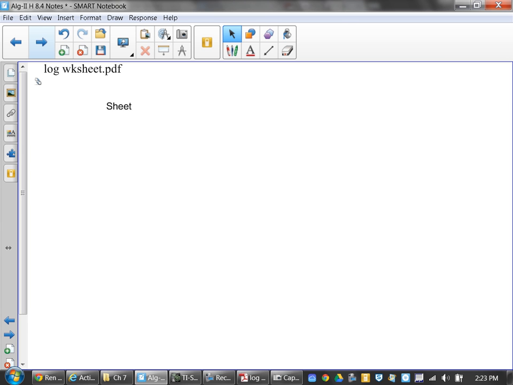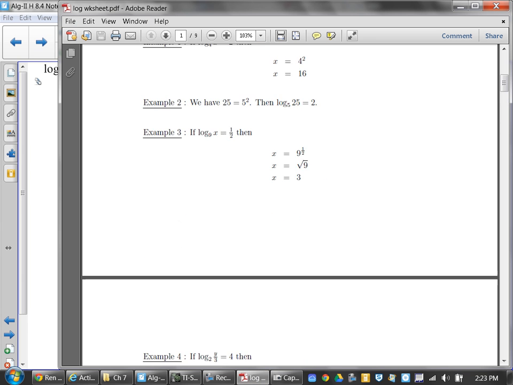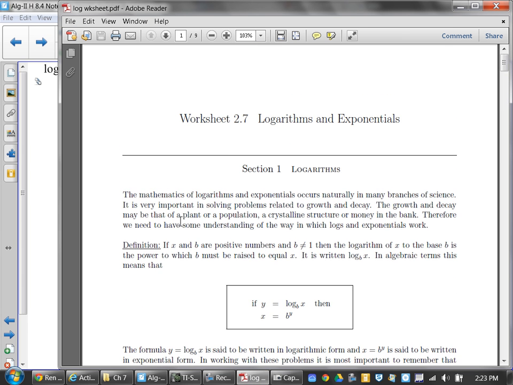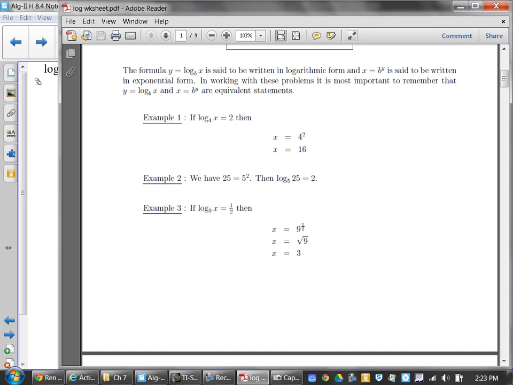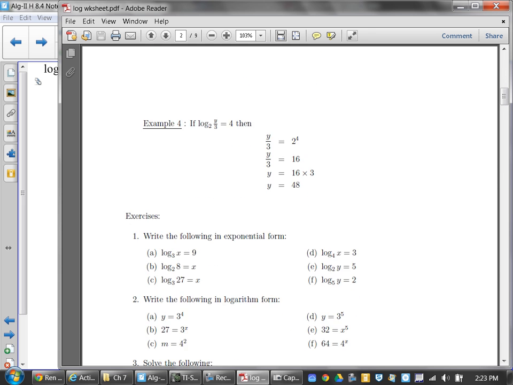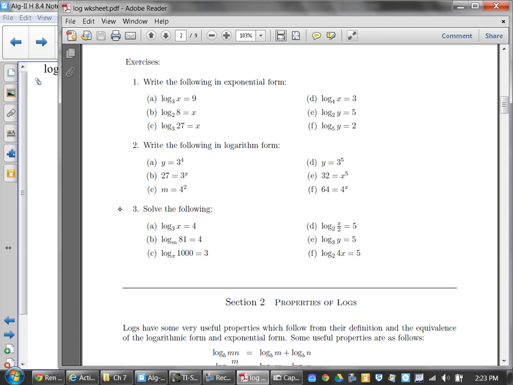Now on this sheet, guys, go to the second page, and I want you to do those in the middle. You're rewriting from logarithmic to exponential.